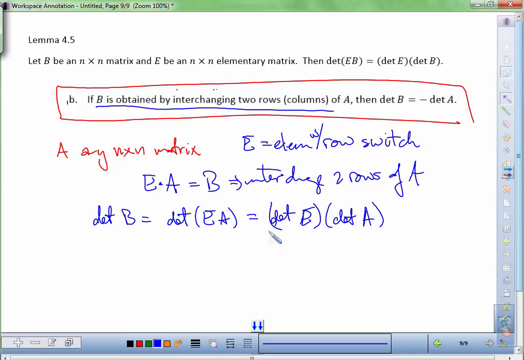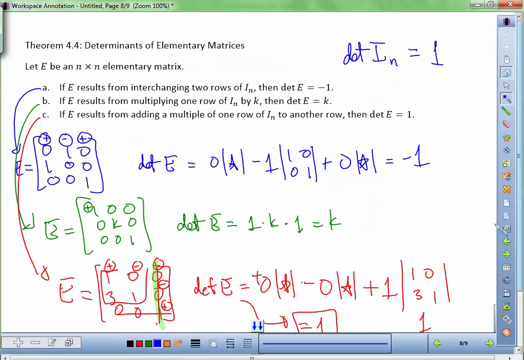So the determinant of an elementary matrix with one row switch is -1.